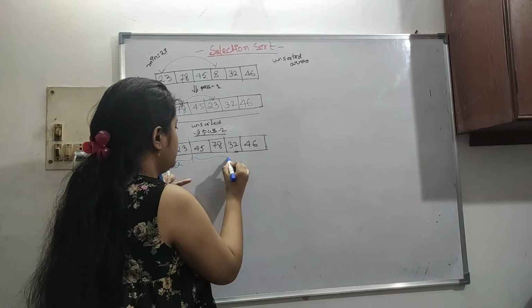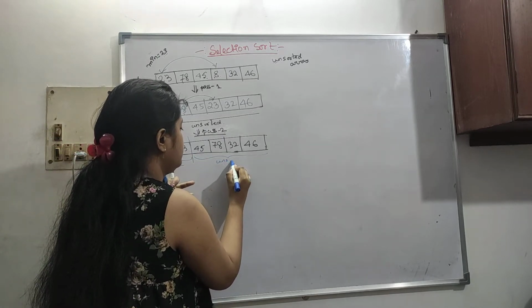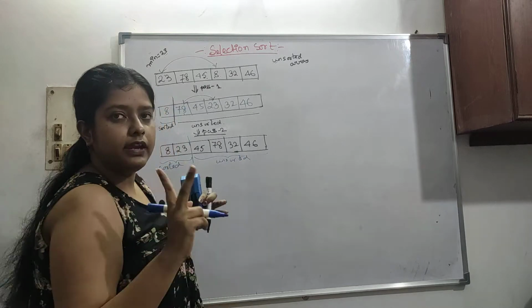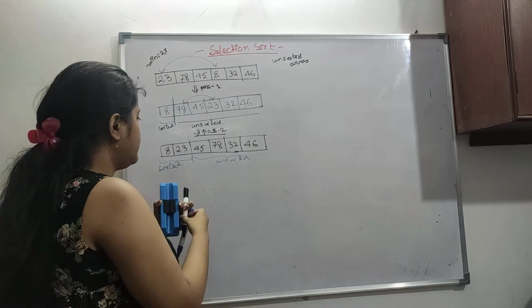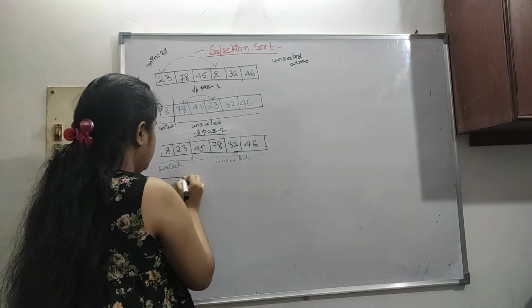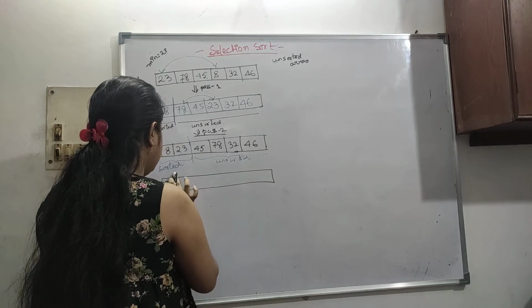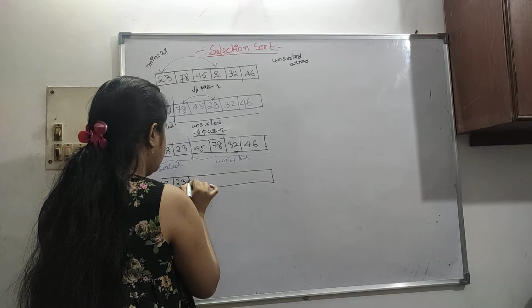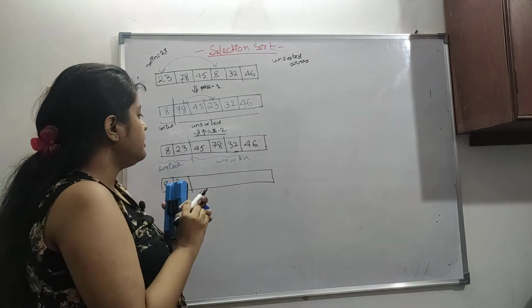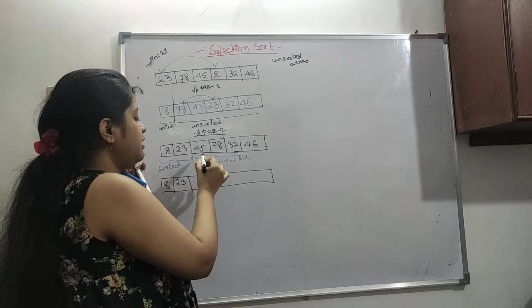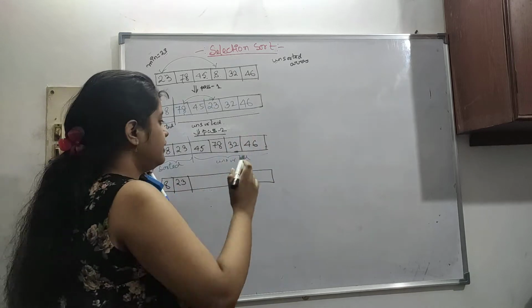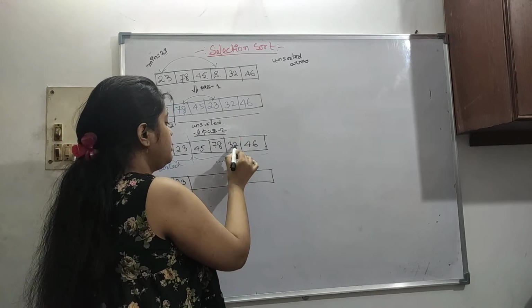Now here it is unsorted, broken down into like two arrays. It is not sorted. Now again let's check. 8 will be placed here, 23 will be here. Now 45, let's say, is our minimum element. Now we have to check linearly, like a linear search, which will be our minimum element.